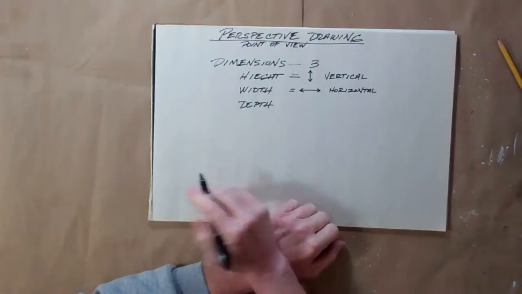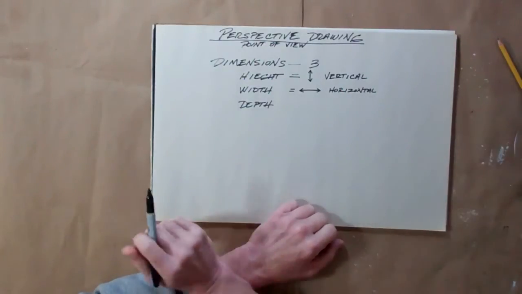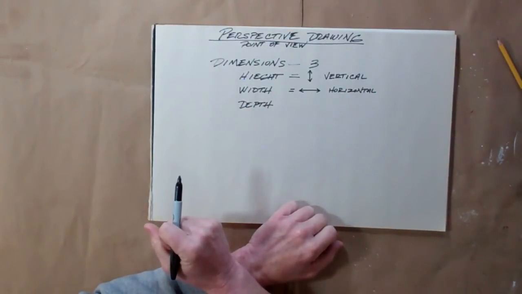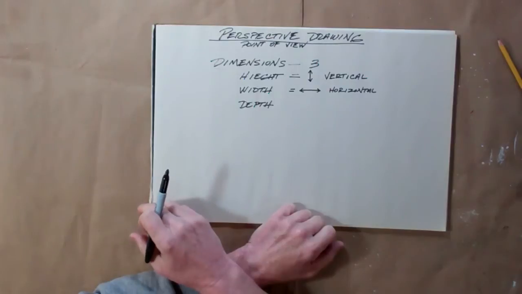A horizontal line goes side to side. It may take a bit for you to get used to the terminology, because in perspective drawing we use these terms all the time.